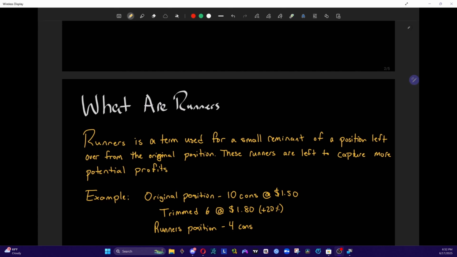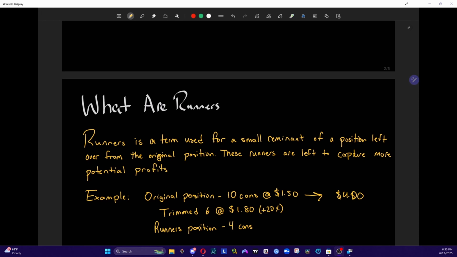Now, there are different terms, such as runners, and then there are risk-free runners. Risk-free runners, which will be talked about more in the how-to-hold-runners part, is where your profits from the trimmed positions completely outweigh any potential loss from the remaining position. So just so you can understand what that means, let's say you have 10 contracts at $1.50, same thing, and then they end up going to, let's say, $4.